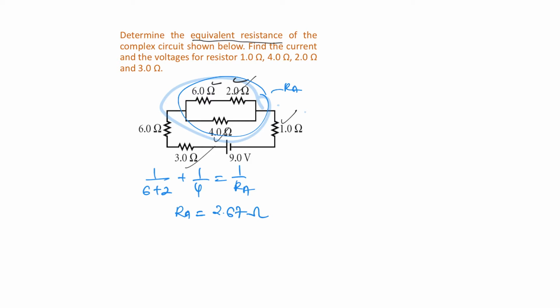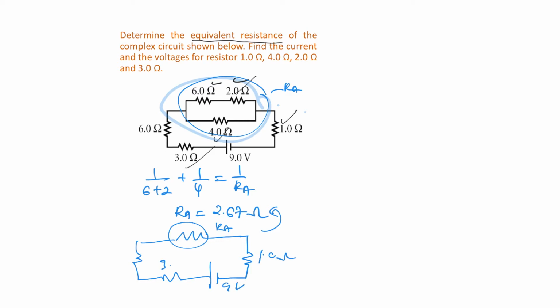Next, once this is done, your circuit is going to be only one resistor. This one is RA, the combination of series and parallel over there. So this is going to be 1 ohm, this is going to be 9 volt, this is going to be 3 ohm, and this is going to be 6 ohm.